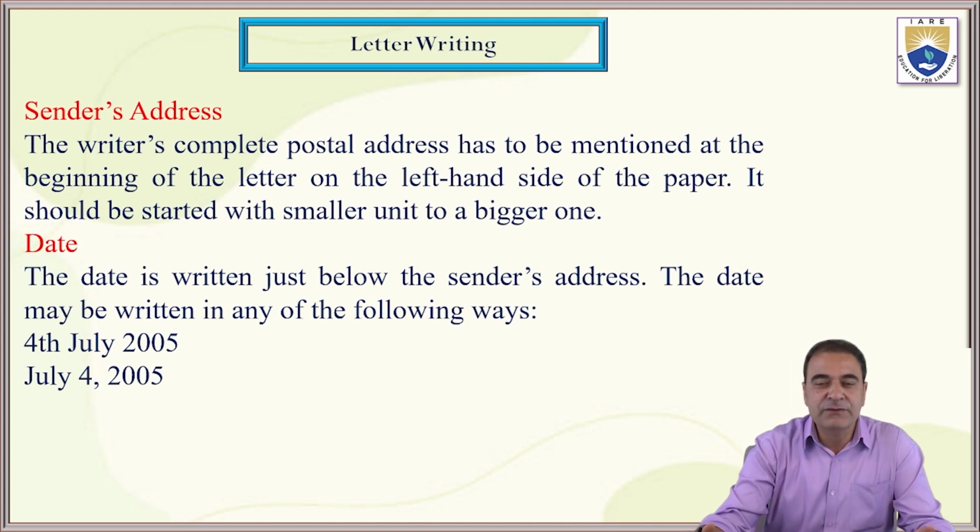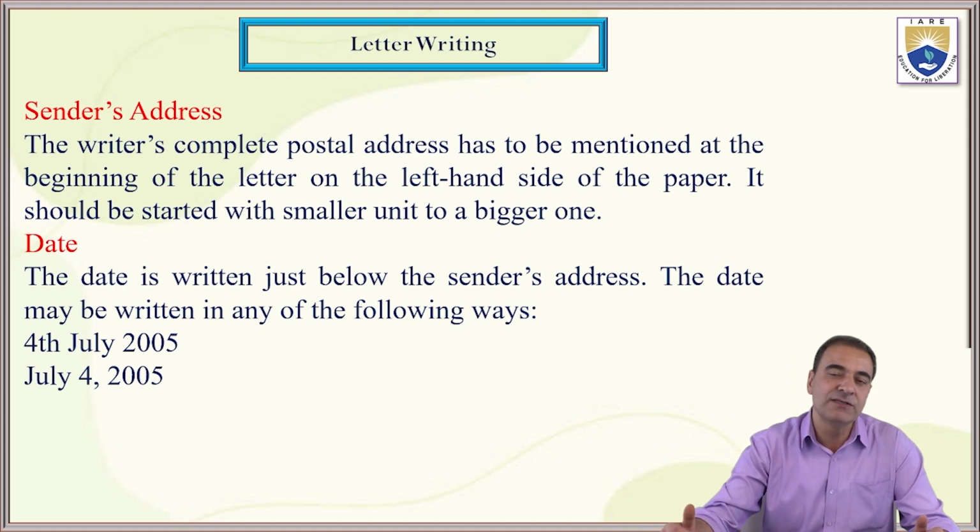For example, first of all, we need to write the lane number. Then it should be followed by the city, then by the state, and at the end we put the country. Therefore, the sender's address should start with a small portion or a definite point.